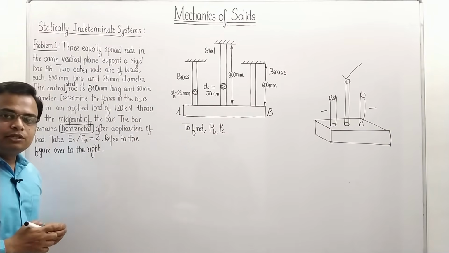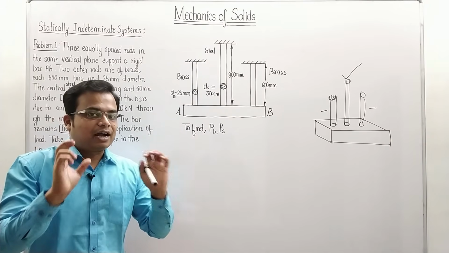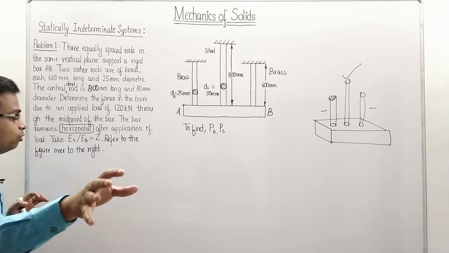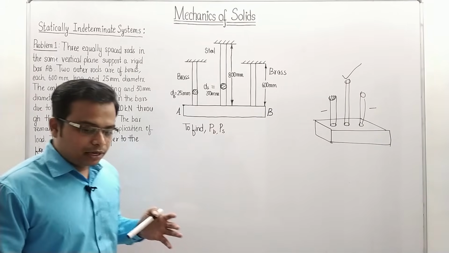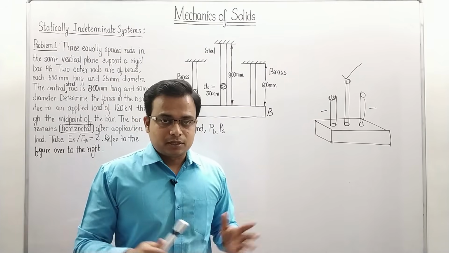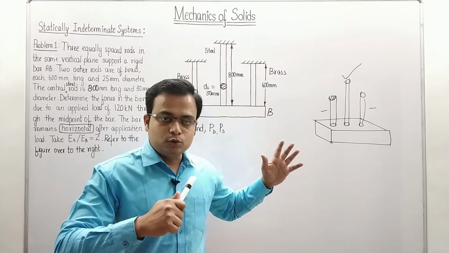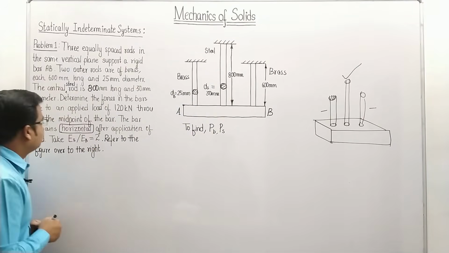Equation of statics alone is not going to help you. You have to take into account the factor of deformation also. I'll let you know all of those things. Don't worry, keep watching. It's better if you pick up a pen, a piece of paper, and also a calculator. Try to solve this problem simultaneously with me.